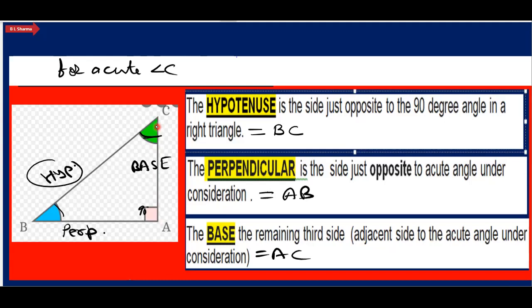There are two acute angles. As we change the acute angle, the perpendicular and the base change, meaning the perpendicular and base are changed. This is very, very important.